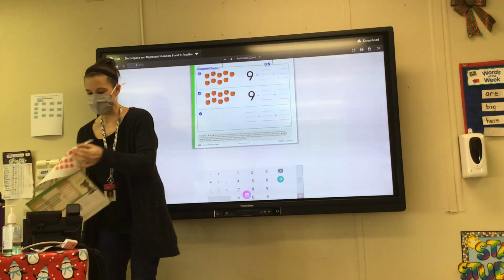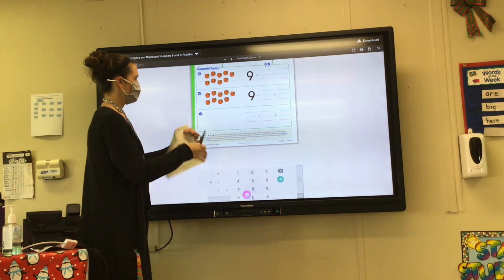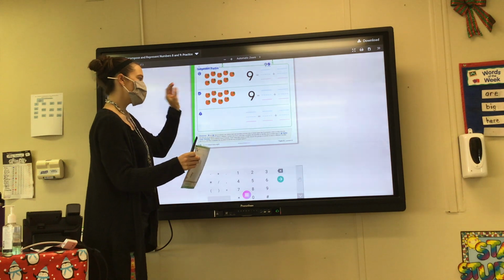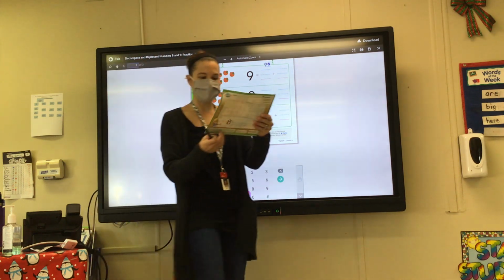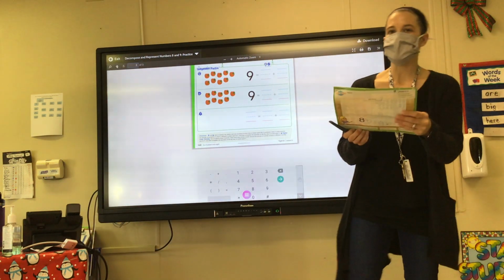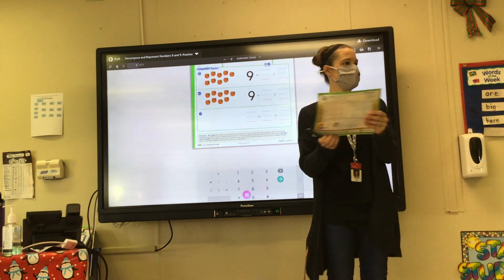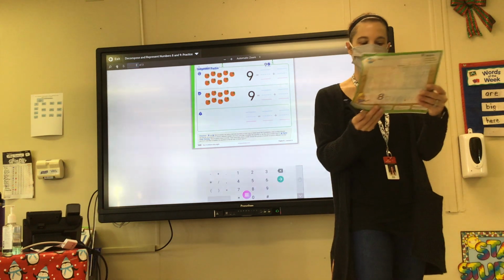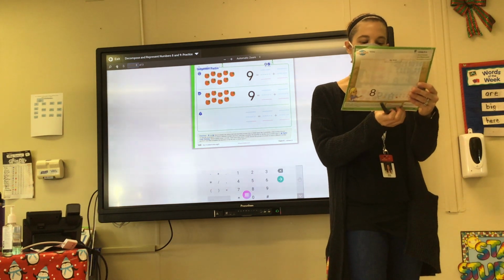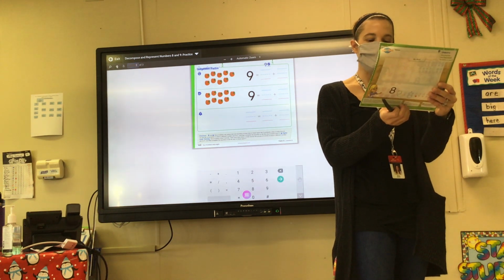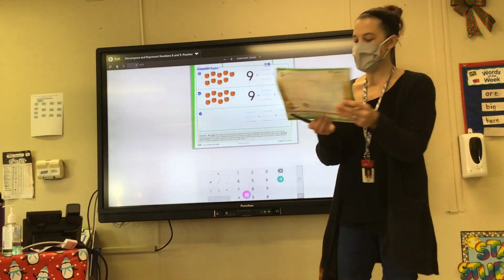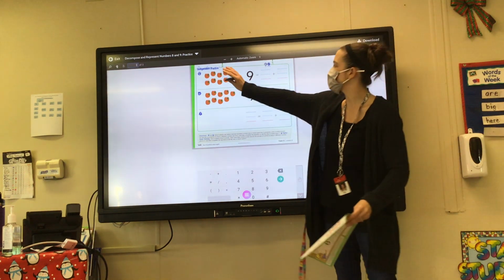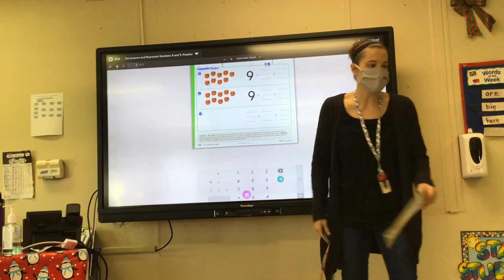All right, on the last page, you are going to look at the pumpkins. Okay, see the pumpkins? How many pumpkins are there all together? 9. Okay, you're going to break apart 9 pumpkins. Draw a circle around 2 groups of pumpkins to show a different number pair for 9. And then complete the equation to show a way to break apart 9. Go ahead and do number 5 and number 6 for me.